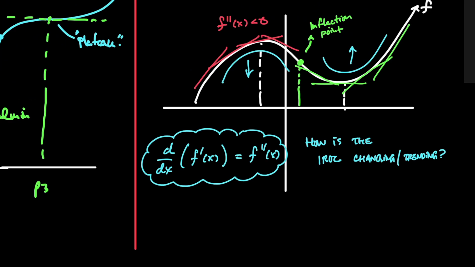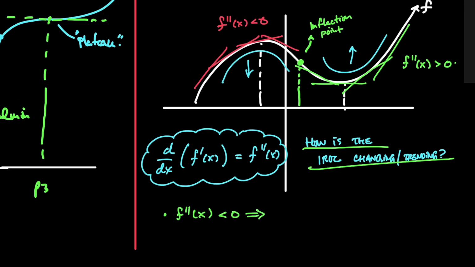So this slope, how is it changing? It's increasing, so that means the derivative, that second derivative, must be positive. And so when a function is concave up, we know f double prime is positive, and when it's concave down, it is negative. And this is what we know from the second derivative test.